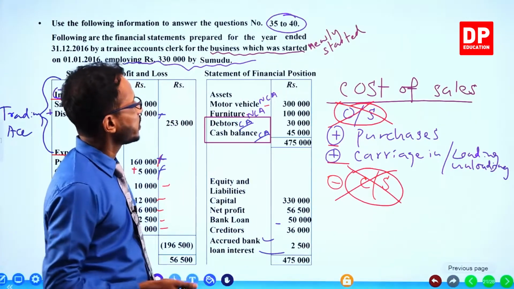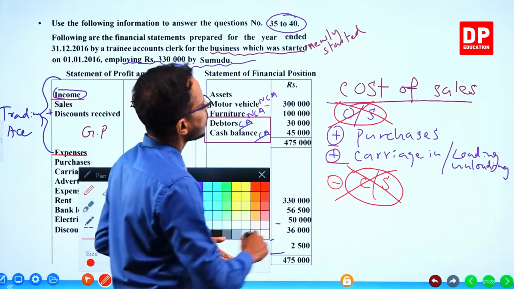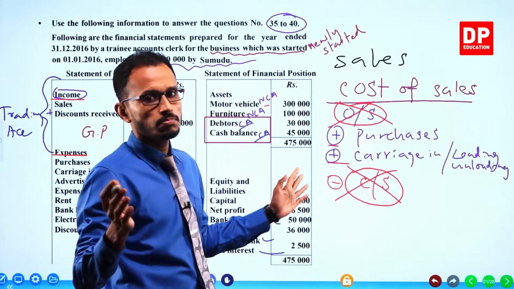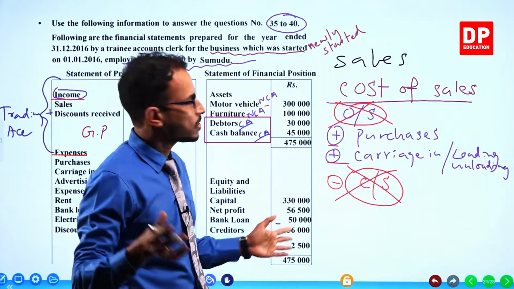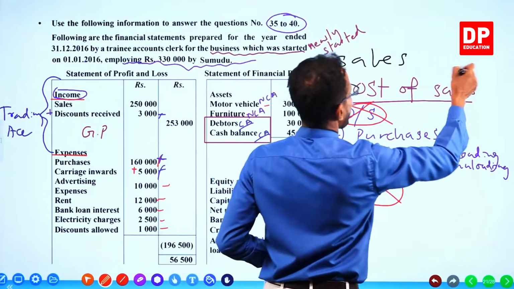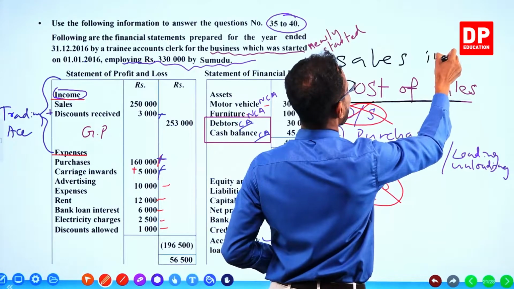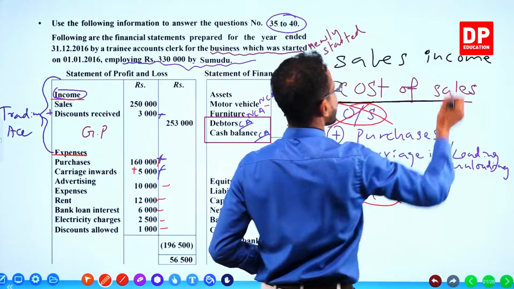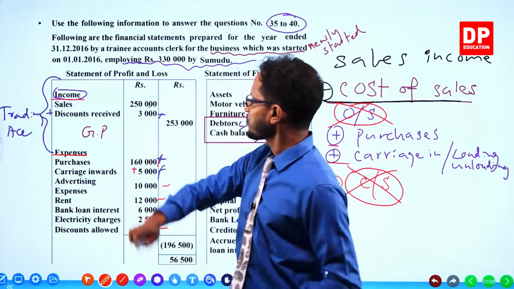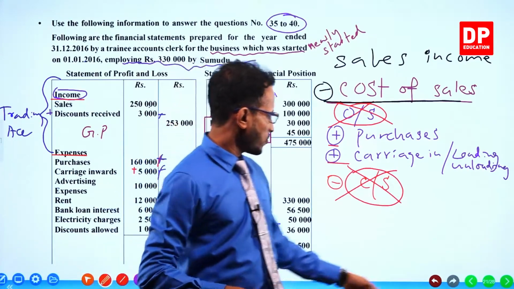It's only a simple thing left to do: minus the cost of sales from sales income. Now we know the sales income. It is given here, 250. So 250 minus 165.